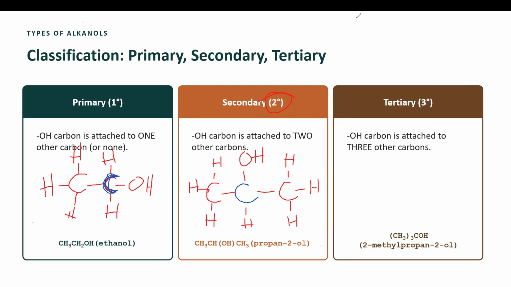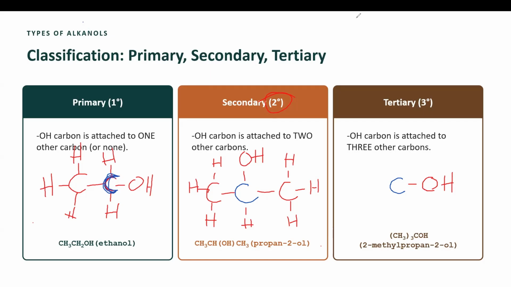So first, I'm going to start with my alpha, my main carbon, isn't it? And this carbon is the one bearing the functional group. So let me put the functional group there. It's bearing the functional group OH.